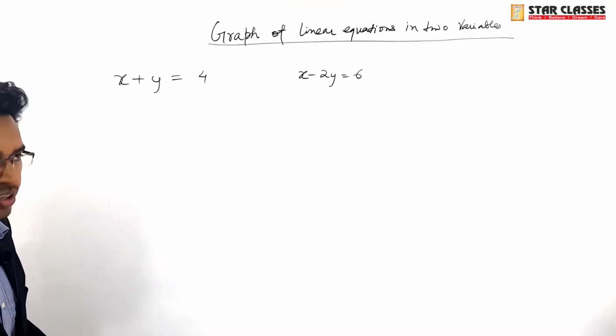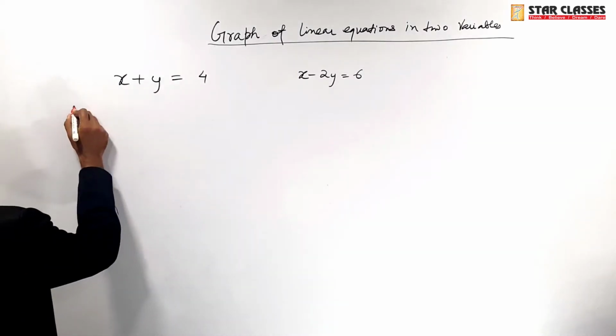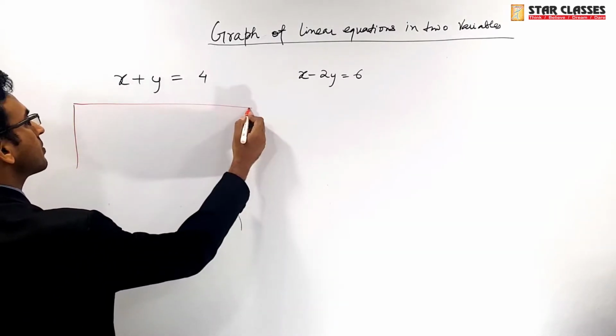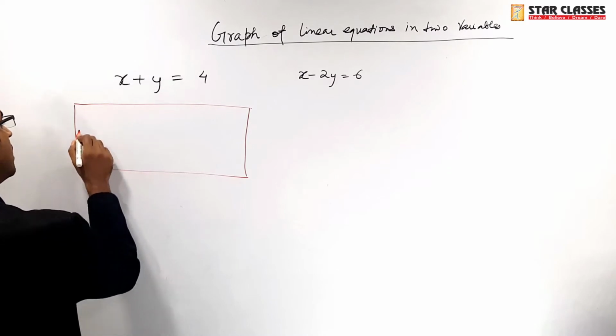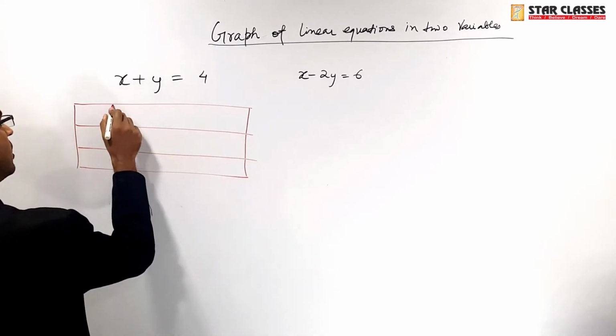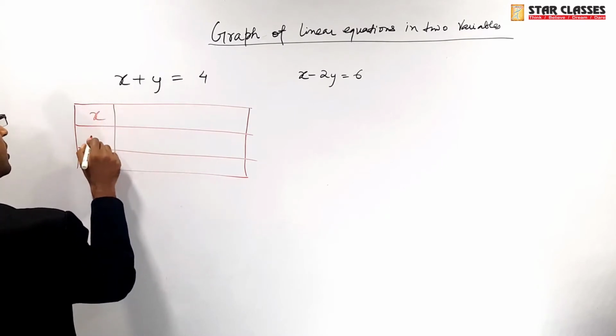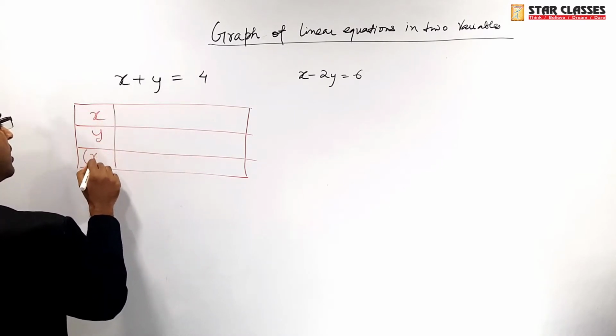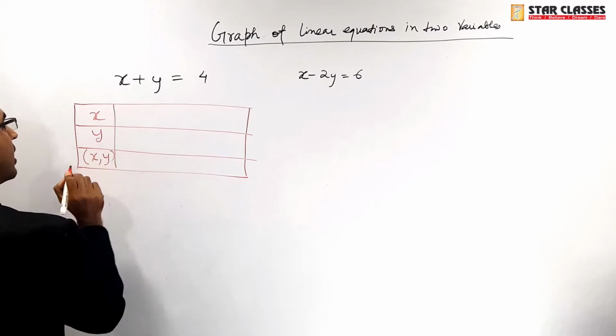The very first thing we have to do is make a box like this. Here x, here y, and here a combination of x and y.